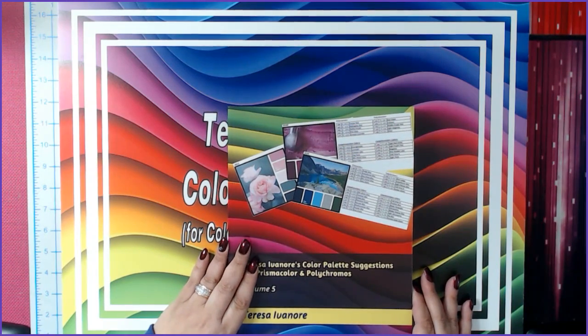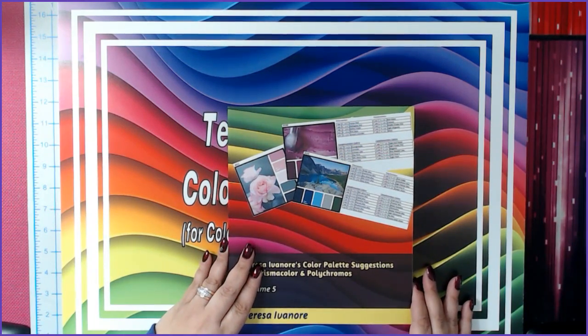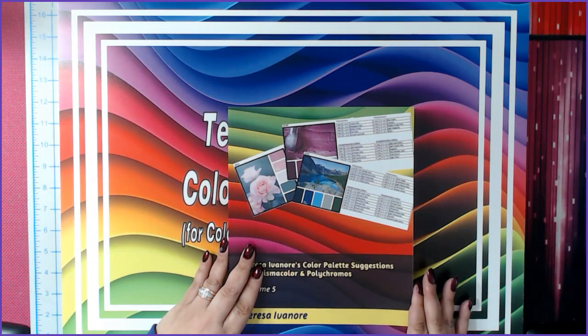I was contacted by one of the artists that inadvertently a few of her palettes ended up in this volume. So we had to remove it, which was not a problem. I felt terrible that it ended up happening like that because it was not my intention, of course, because I totally believe in the copyright legislation, because it is not fair to artists or authors to have their work replicated or taken without consent.